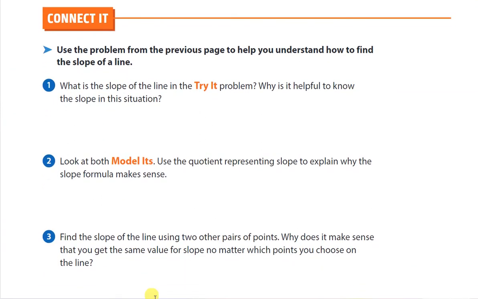Okay, number 1, what is the slope of the line in the try it problem? Why is it helpful to know the slope in this situation? The slope is 2 to 5.